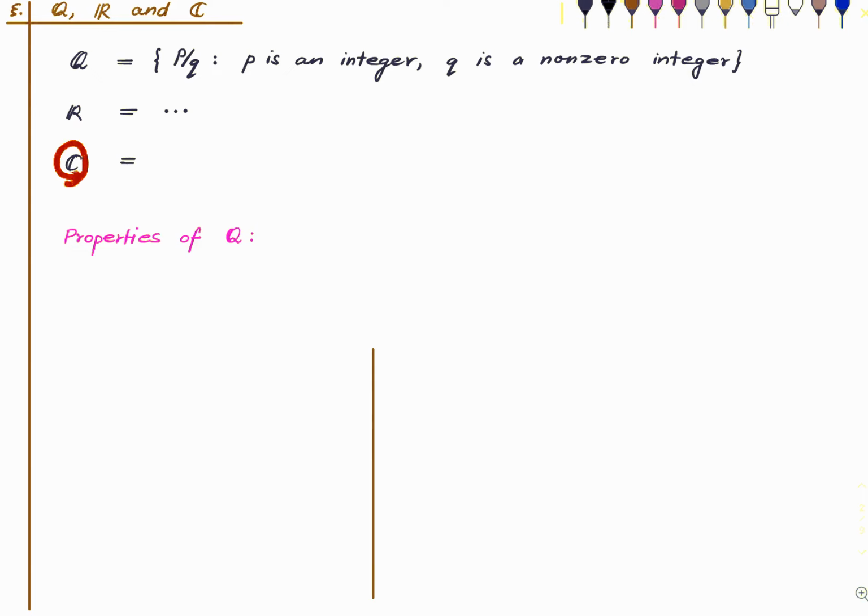And then we have the complex numbers. For this lecture series, it is just enough to know that these look like a plus ib, where a is a real number and b is a real number. And just what we learn about complex numbers in high school is what we will be assuming. That's all.